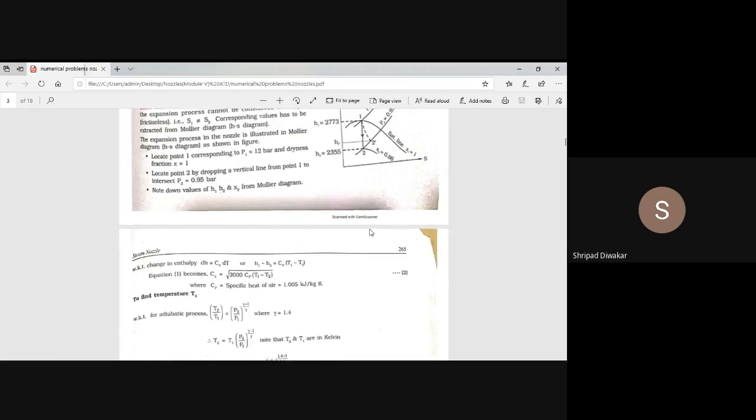In this problem, with the Mollier diagram, we see how to find the values of H1 and H2, and once again use the formula. We can find H1 and H2, and H1 minus H2. So directly you can find it.